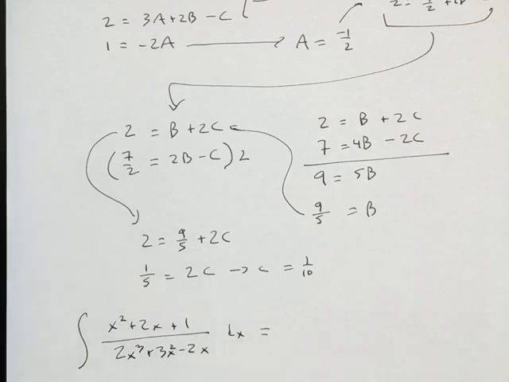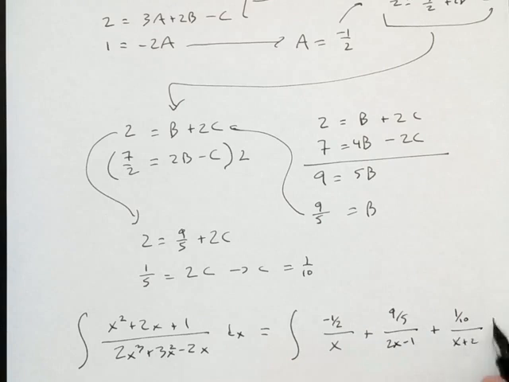The goal was to do this integral, right? And we had a over x, and then b over 2x minus 1, and then c over x plus 2.